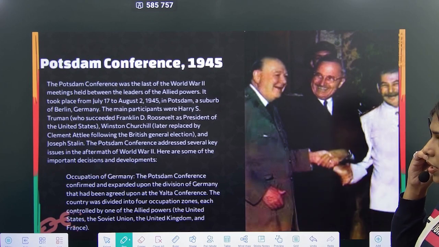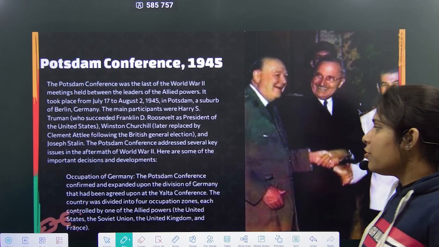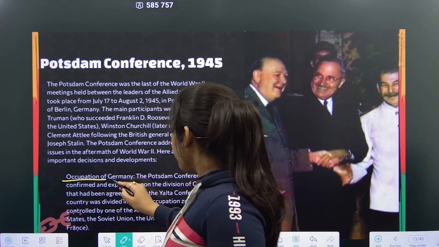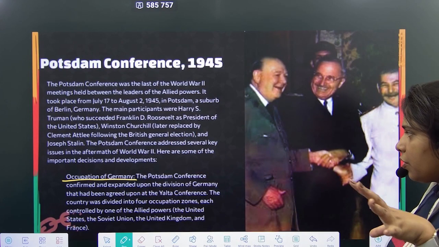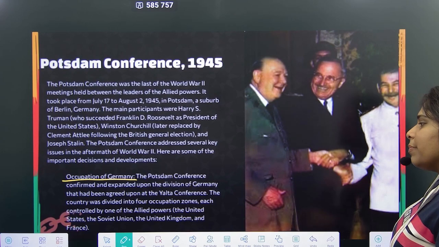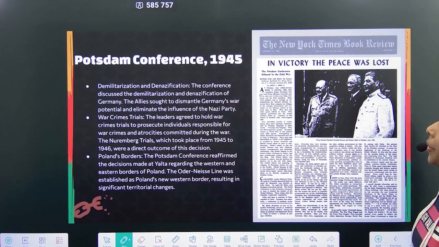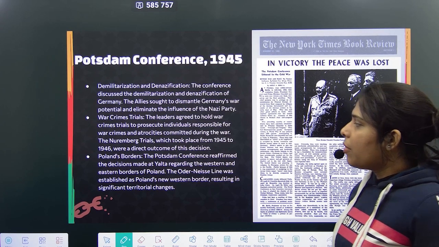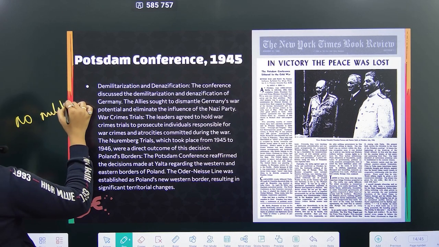The Potsdam Conference addressed several key issues in the aftermath of World War II. Number one was the occupation of Germany. It confirmed and expanded upon the foursome division of Germany that was agreed upon in the Yalta conference, and those four powers were of course the US, UK, France, and USSR. It talked about demilitarization and denazification. Germany would have no military of its own.